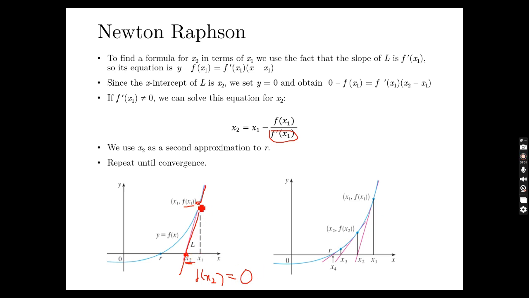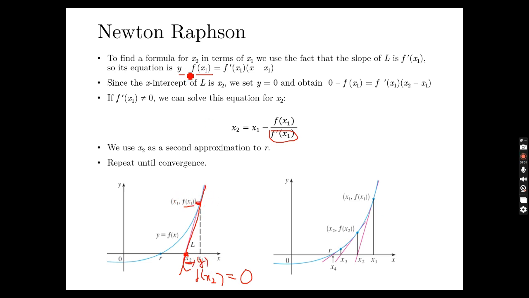So I have 2 points, one is this point and another is this point. I can draw a straight line between these 2 points, right? So this is my first point, (x1, f(x1)), and this is the other point, (x2, y).